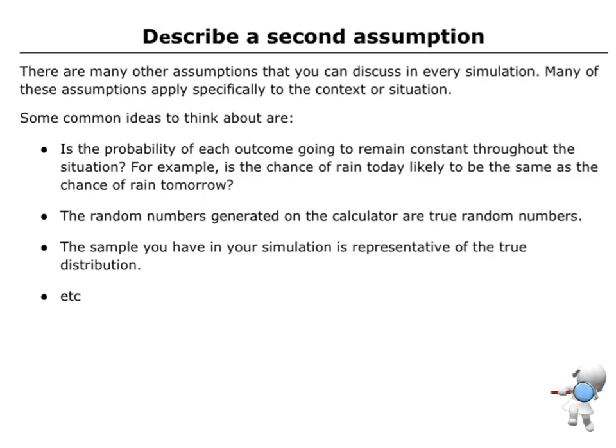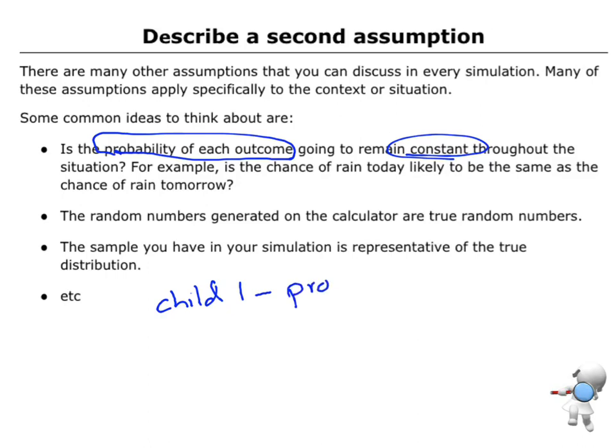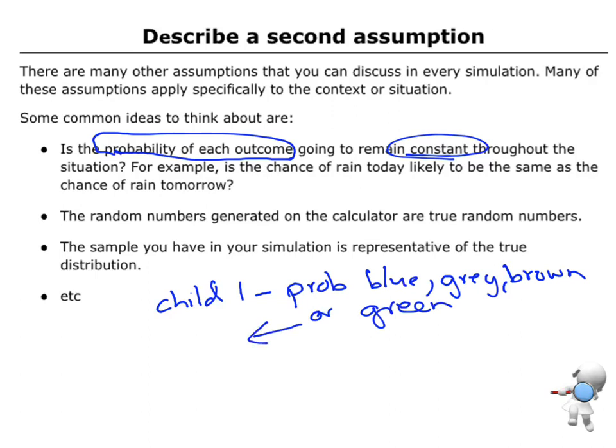One of the things is about the probability of each outcome being constant throughout the whole simulation. For example, if I was talking about the different eye colour, then I would expect for child number 1 that the probability that they get blue, grey, brown or green eyes is exactly the same as for child number 2, and the probabilities for child number 3 to be the same.